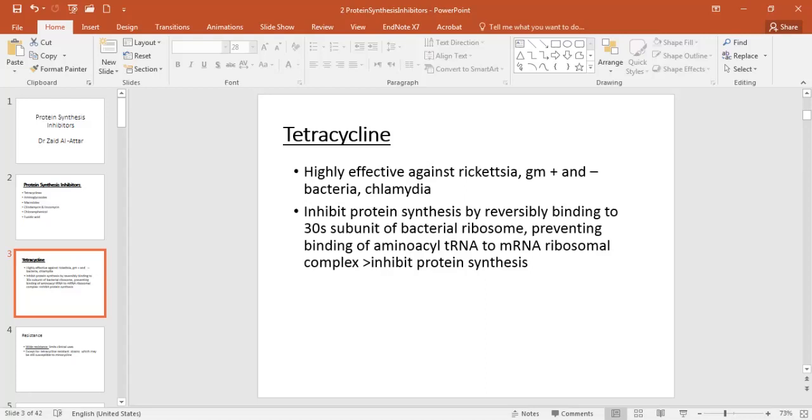As you know from your previous study, the ribosome is the site for protein synthesis, and thus these antibiotics prevent protein synthesis in the bacteria.